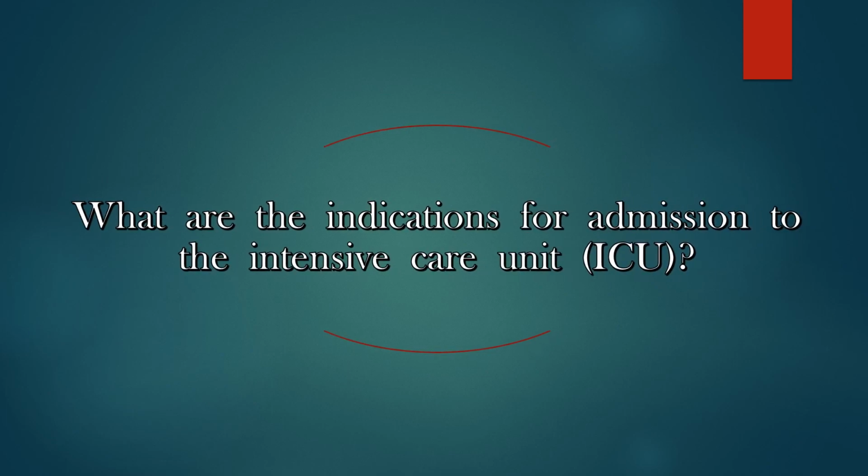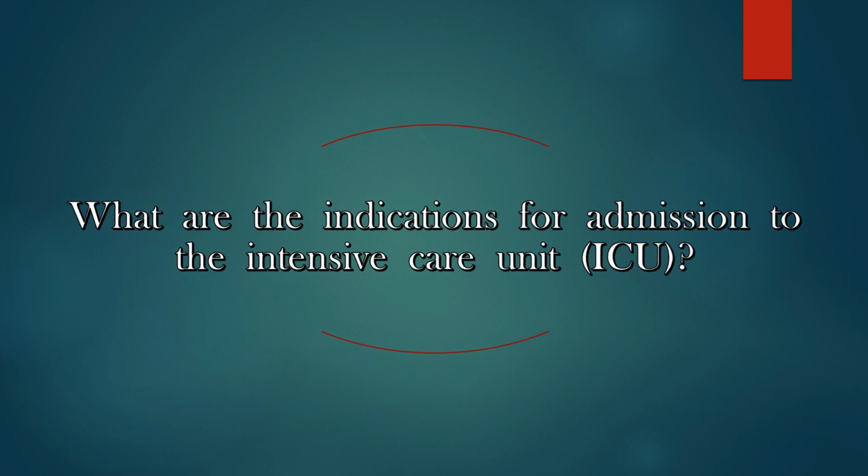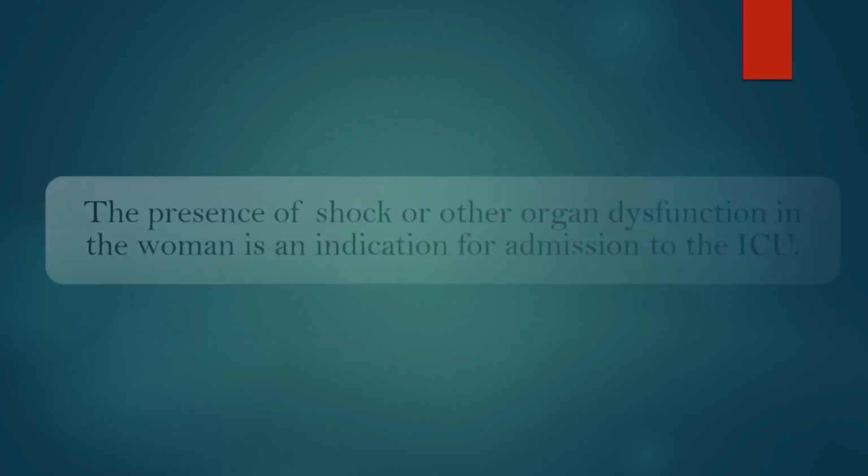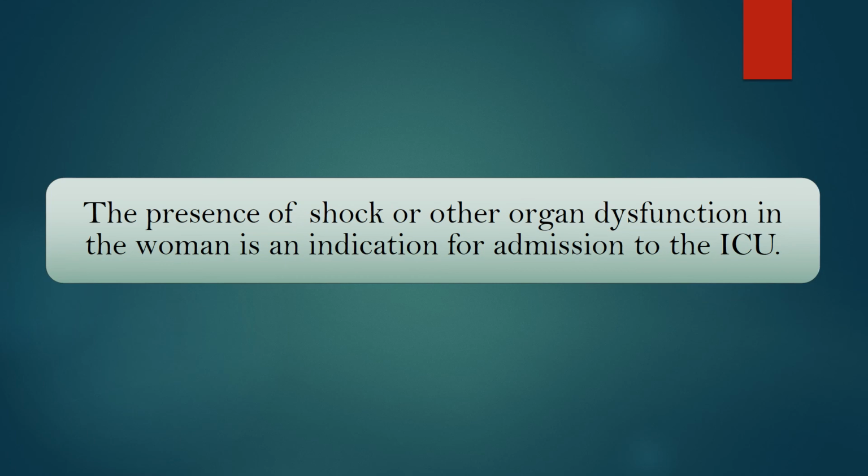What are the indications for admission to the intensive care unit? The presence of shock or other organ dysfunction in the woman is an indication for admission to the intensive care unit, or ICU.